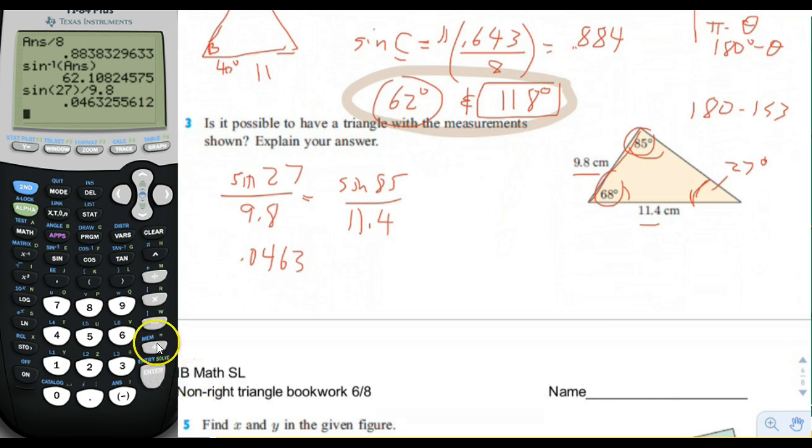Now we'll do the sine of 85 degrees divided by 11.4, and that gives us 0.0874.